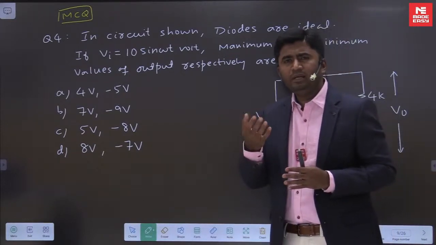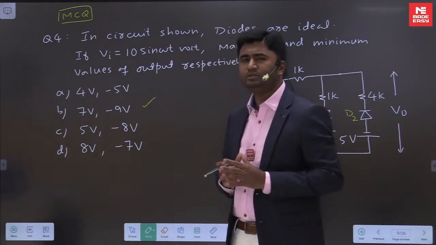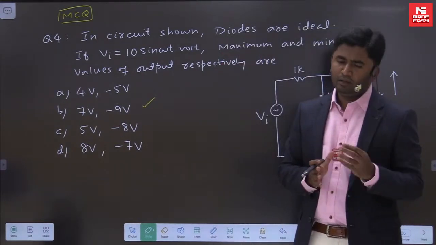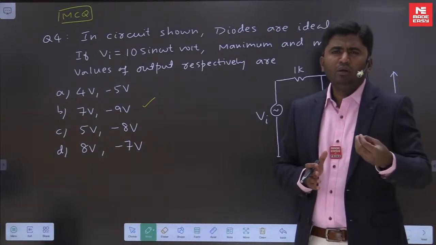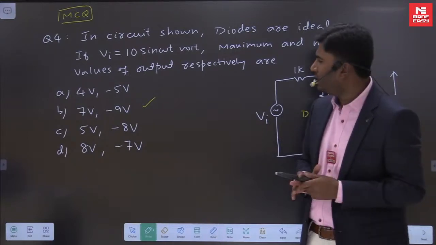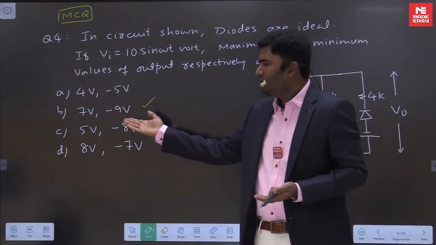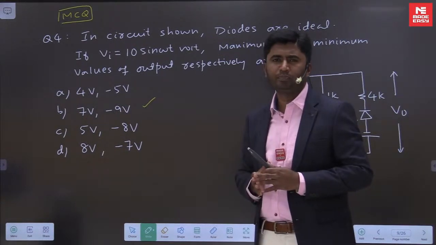You can find the minimum output also, but in the exam you don't need to calculate that minimum output of minus 9. Just calculate maximum output 7 volt. Only one option has 7 volt, so my answer will be option B.